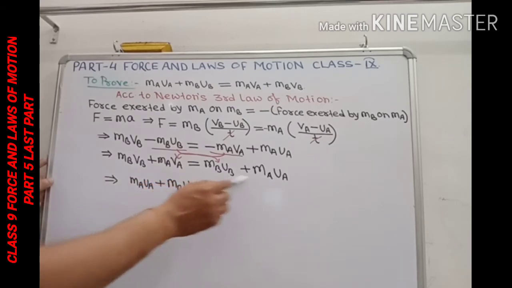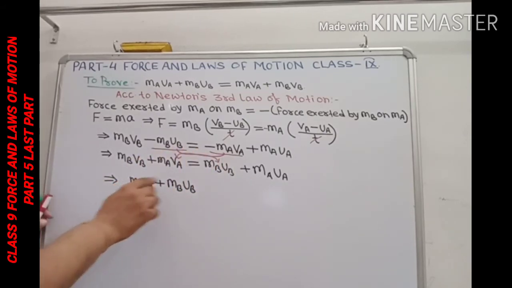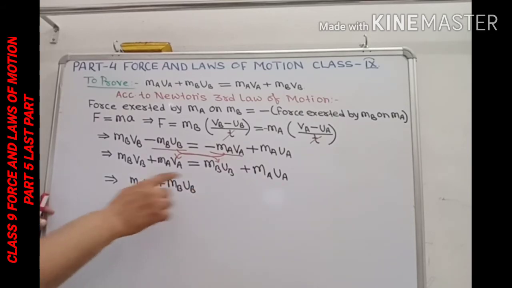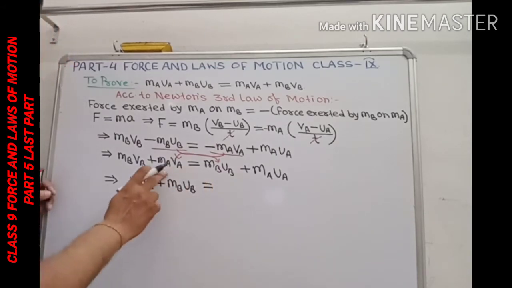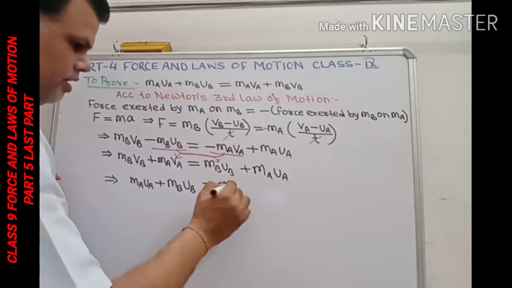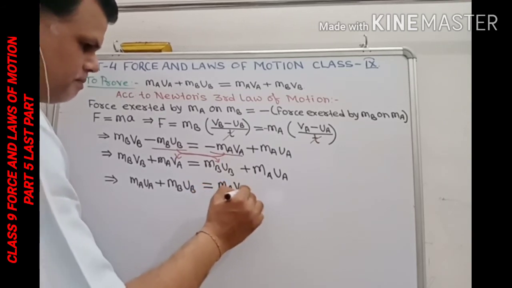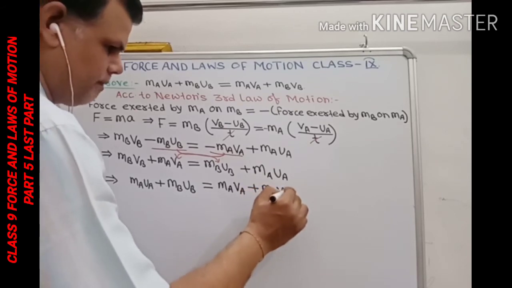Bringing all this together, we can write MA UA plus MB UB is equal to MA VA plus MB VB.